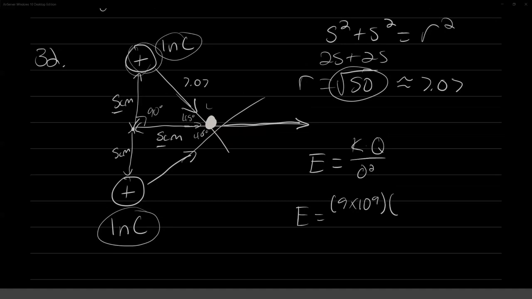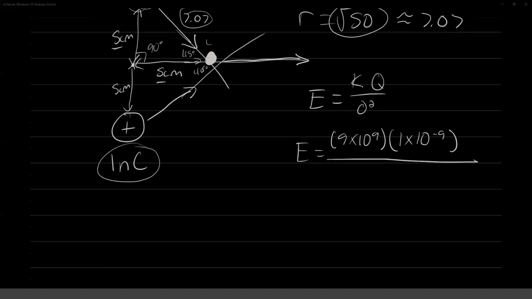This is 1 nanocoulomb, and we have to convert it to coulombs. A nanocoulomb is 1 times 10 to the negative 9th. And then our distance is 7.07, so we'll have to square that, right?